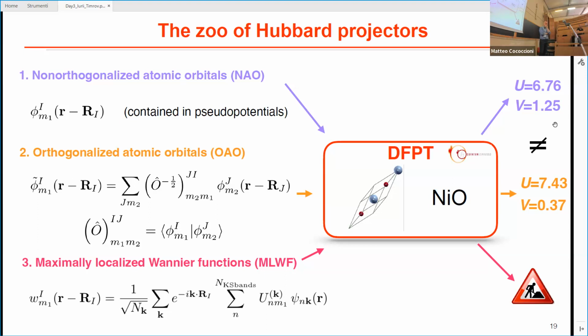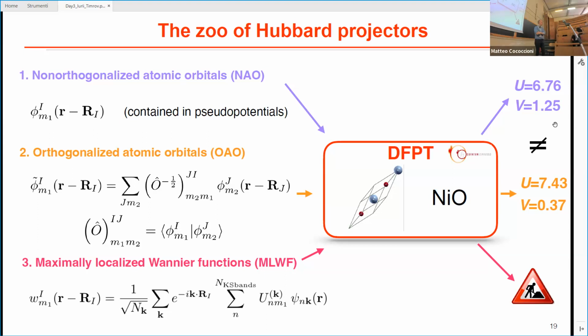No, but I'm saying, you have an atom with localized orbitals, but in an environment, and somehow this modifies the localized orbitals.